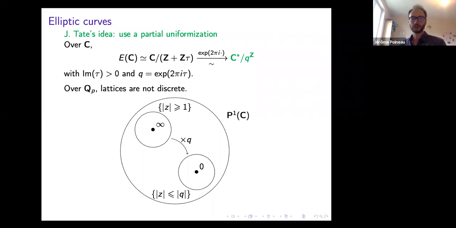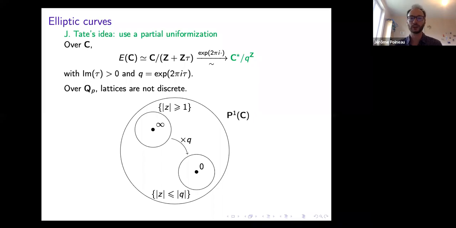It's a partial uniformization because C star is no longer simply connected. But still, it gives some nice pictures. We had this picture of a lattice before, and now I have the picture that I drew here. C star is, of course, just P1 of C with infinity and 0 removed.